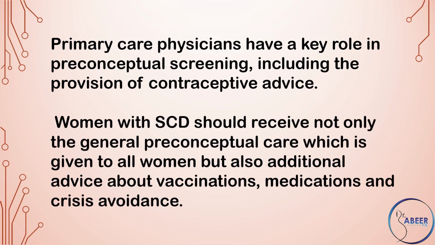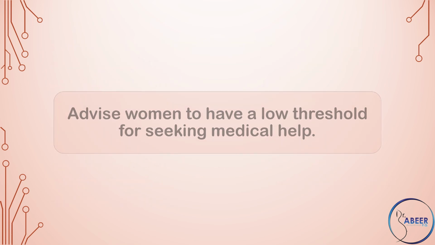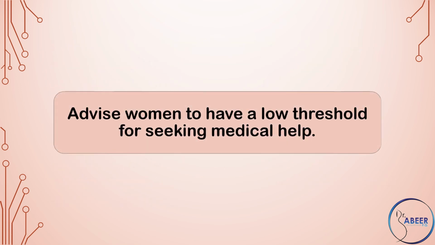Women with sickle cell disease should receive not only the general preconceptual care, which is given to all women, but also additional advice about vaccinations, medications, and crisis avoidance. Advise women to have a low threshold for seeking medical help.